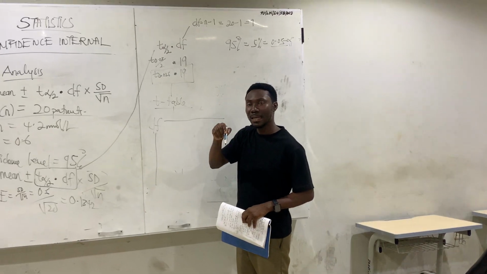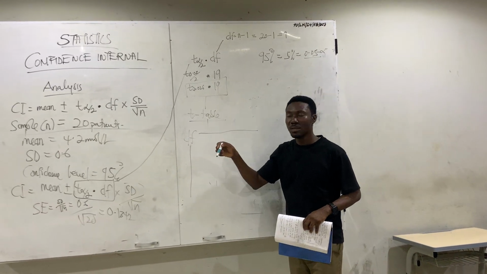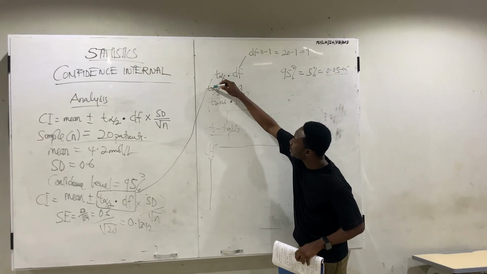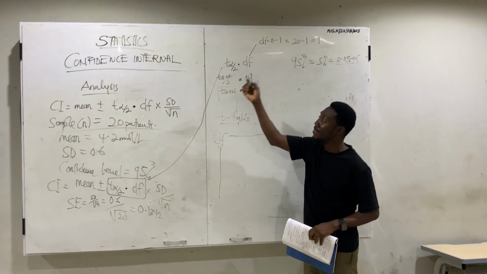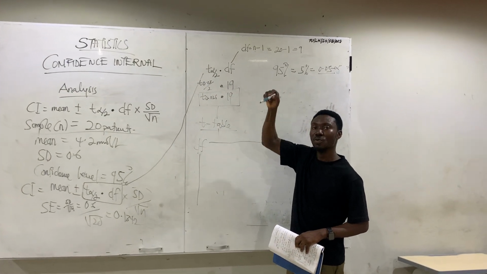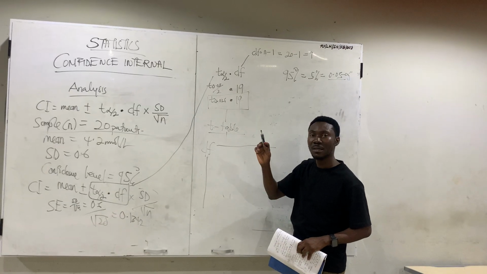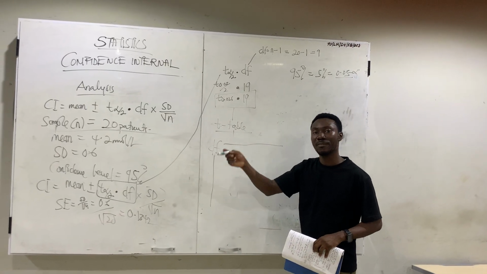And again, for the t distribution, where you would have the significance 0.05 is the same area that you would have the significance of 0.025. It's the same.